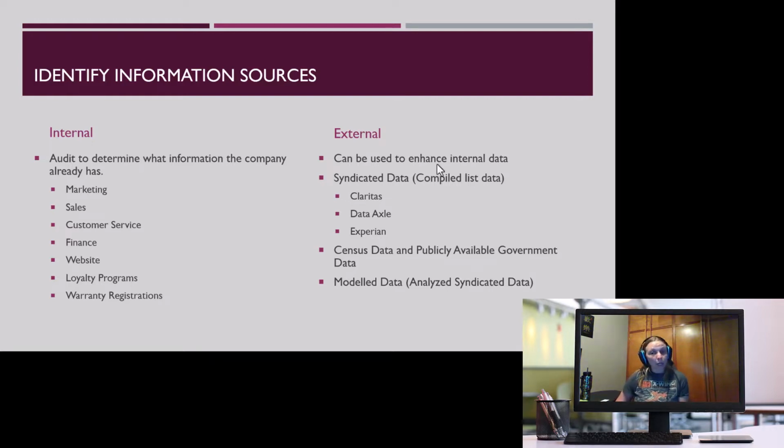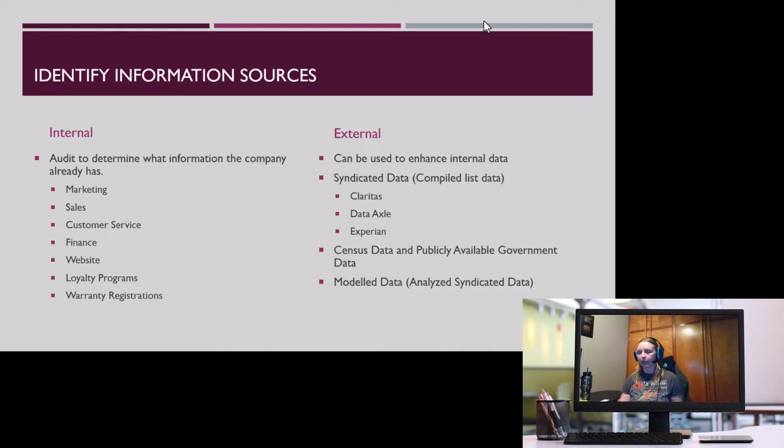If there's stuff that you cannot get internally or don't have internally, you can enhance data that you have internally with external, and you can get that from companies like Claritas, Data Axle, Experian. There's another one that I just started using too that I actually like better.